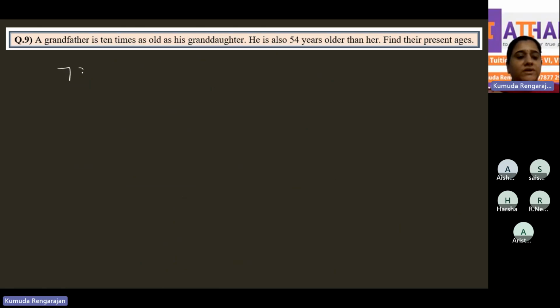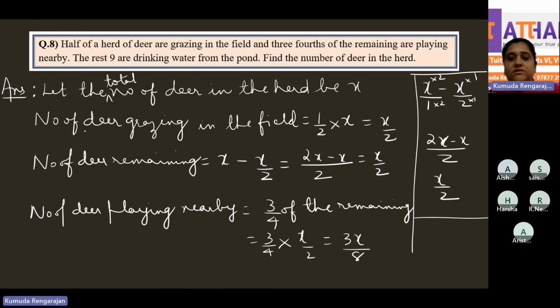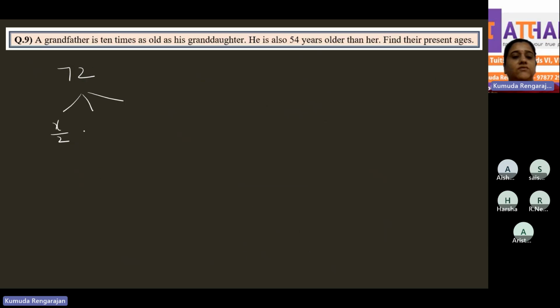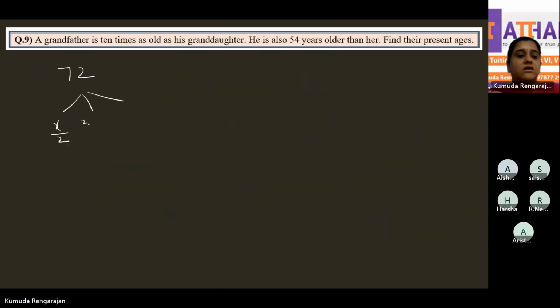So total 72. X by 2 are grazing, X by 2, 3x by 8, and then 9. So what is x by 2? 72 by 2, 36.